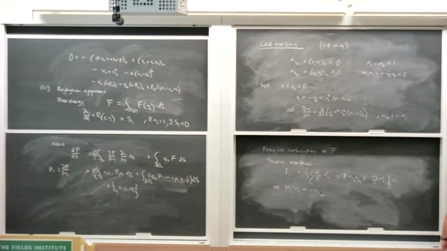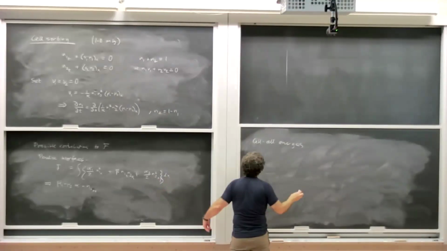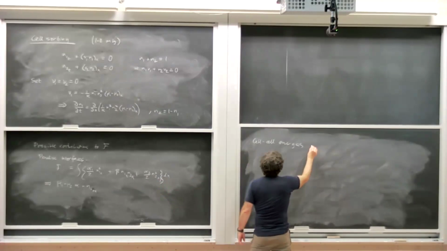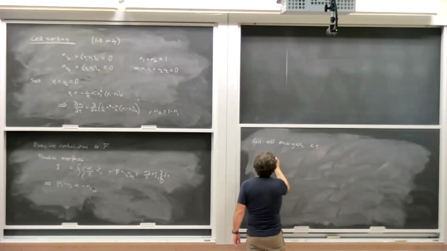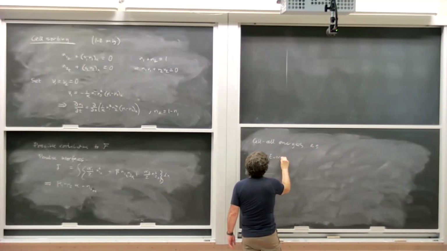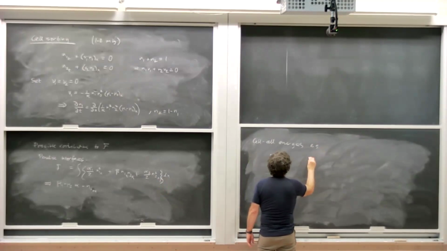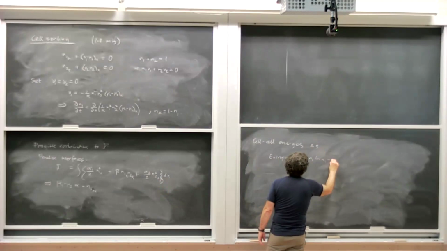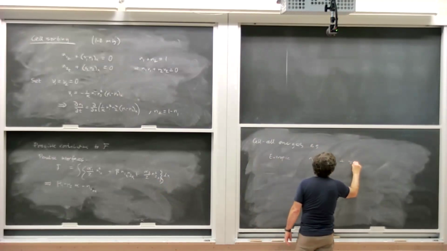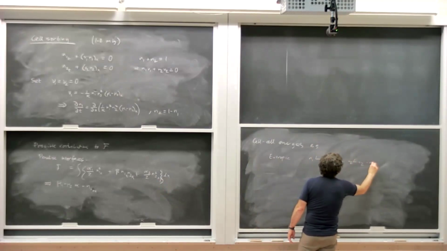Cell energies. These ones have more natural interpretations, which is why I'm slightly skeptical about this one. For example, you can have the entropic type stuff, which would be something like n1 log n1 minus n1 plus n2 log n2 minus n2.